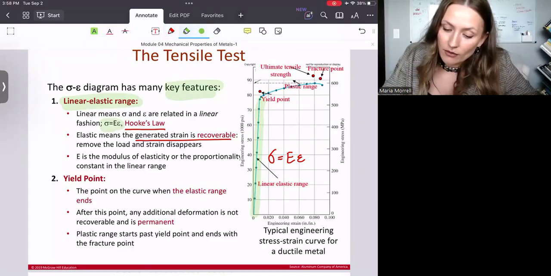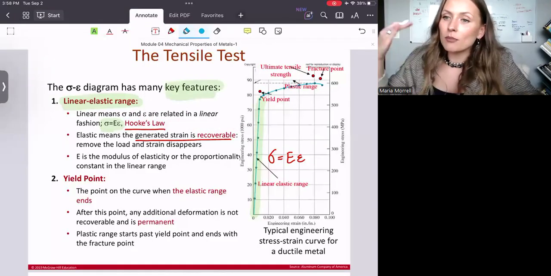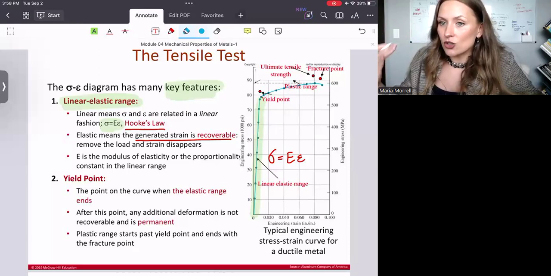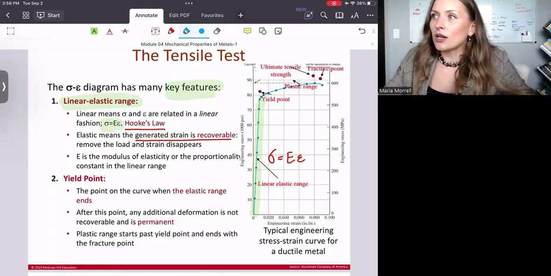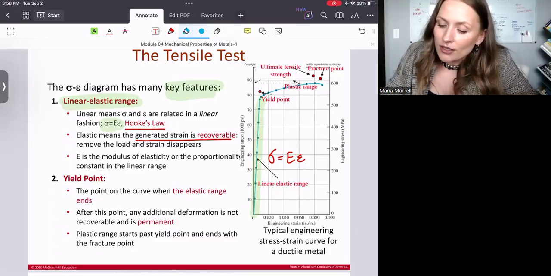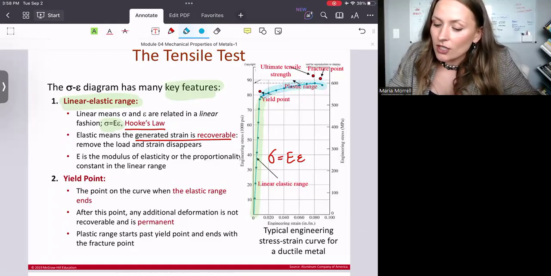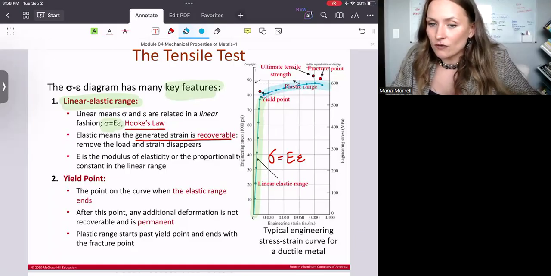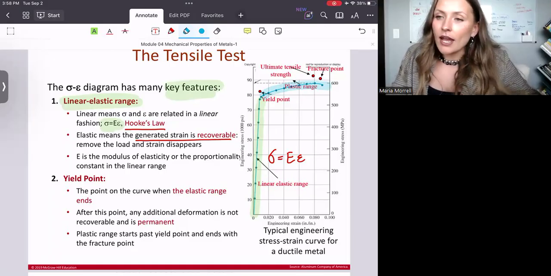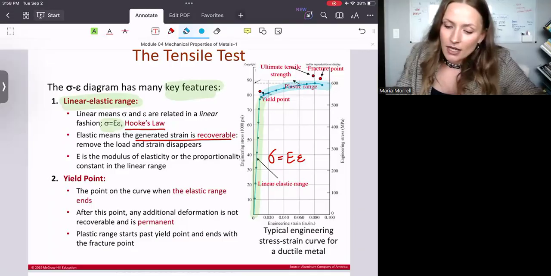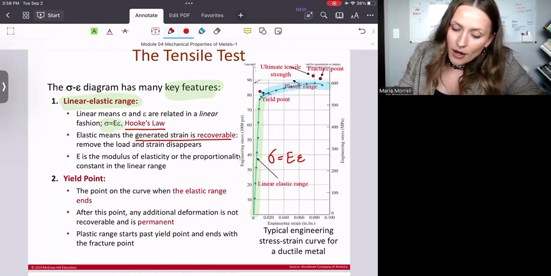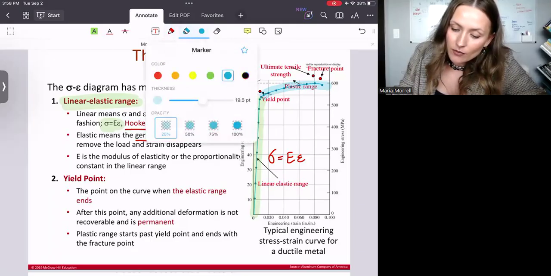But at some point, if you continue applying the stress, and you can imagine in this test you just continuously pull the material to the sides, you will eventually get to this region right here, which we call a plastic region, right? The difference between elastic and plastic is defined by the yield point.